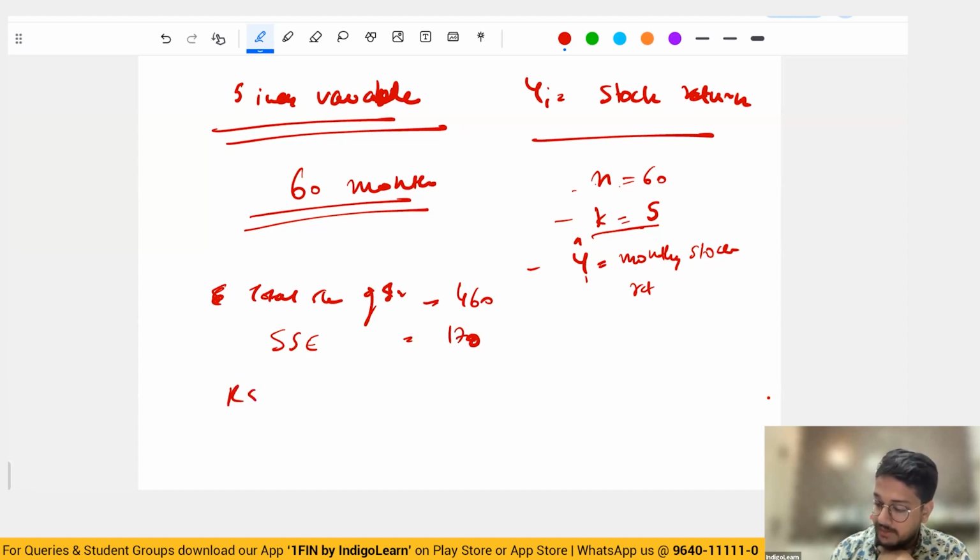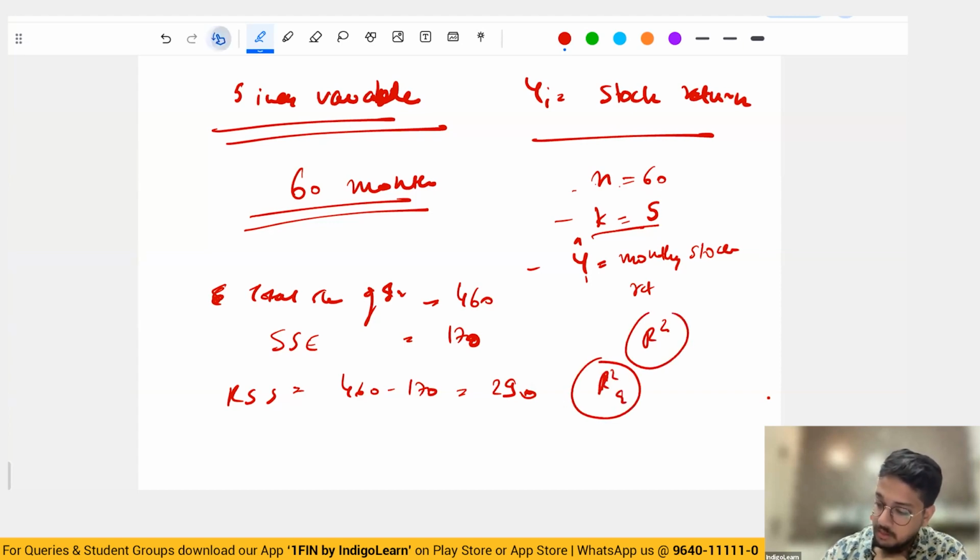So what is RSS in this case? 290, which is 460 minus 170. Can you calculate R square and adjusted R square now?